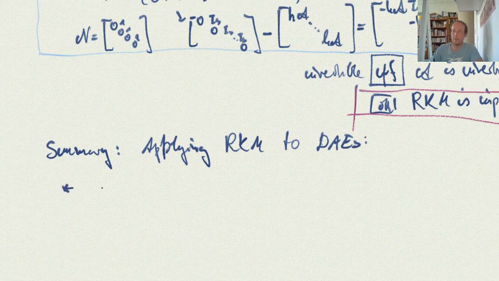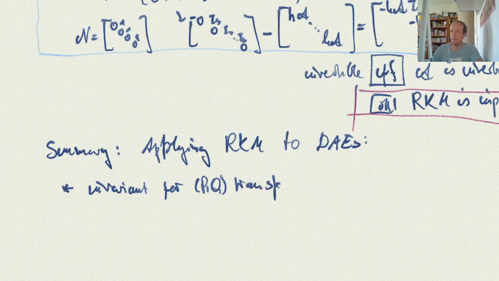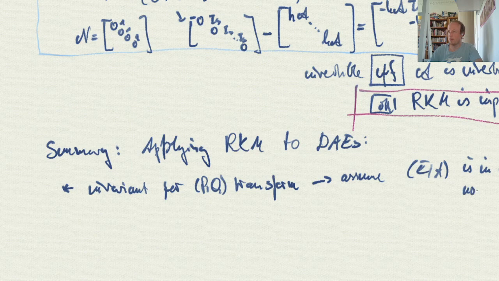The first thing is invariance for these PQ transformations, so we can assume that (E, A) is in Kronecker normal form.